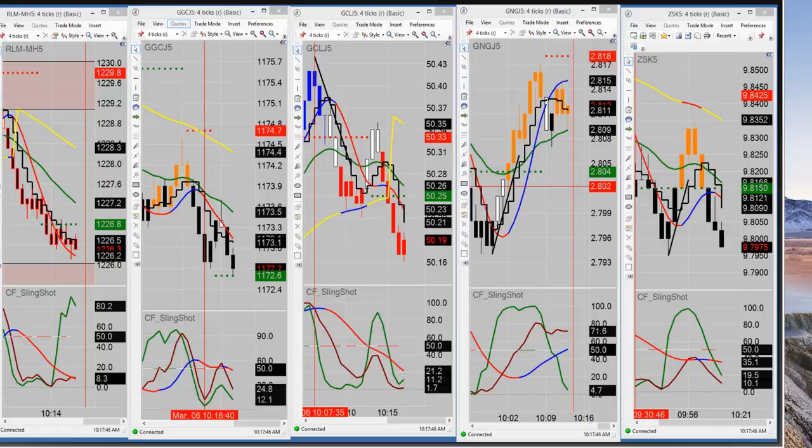Guys, I only have 1 trade so far. It's been 47 minutes and I got 1 trade.